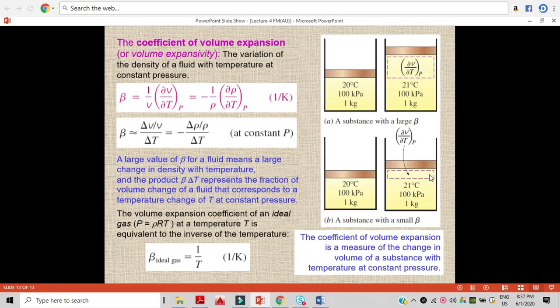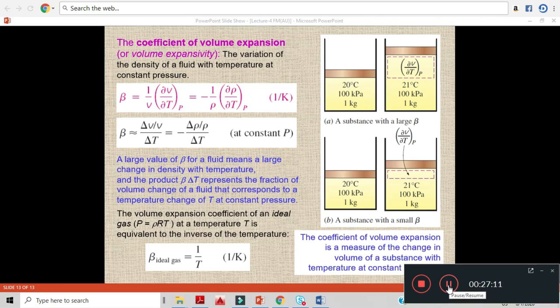K is the compressibility coefficient. K indicates the change in volume with respect to change in pressure at constant temperature, while beta indicates the change in volume due to change in temperature at constant pressure.